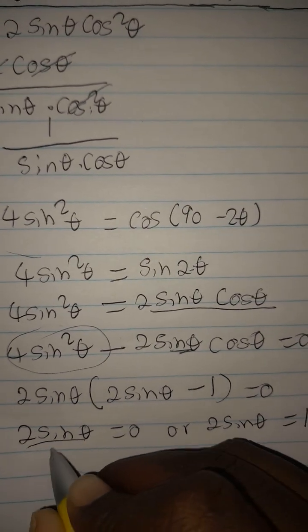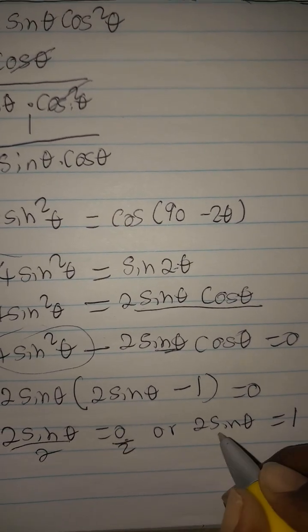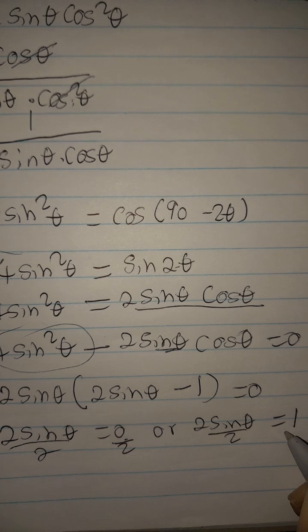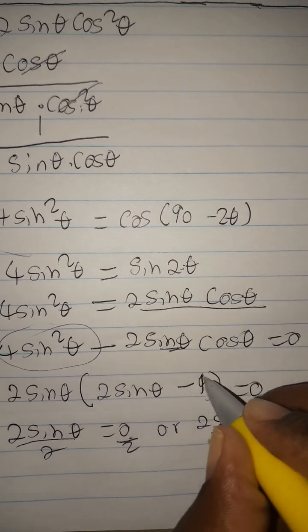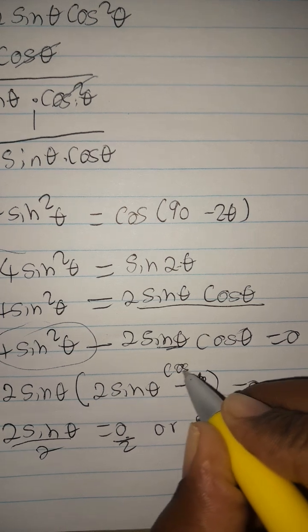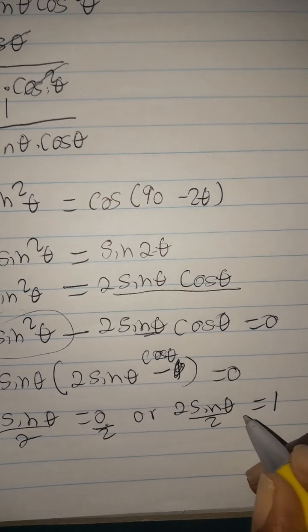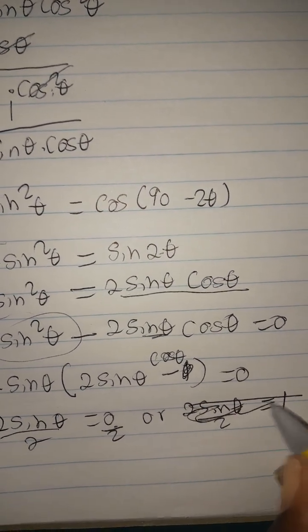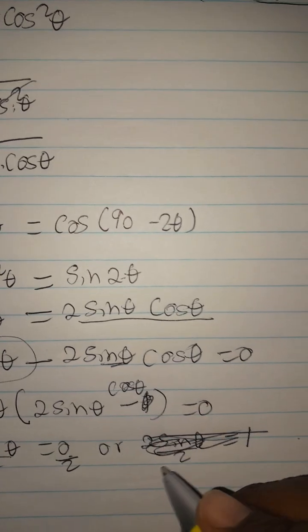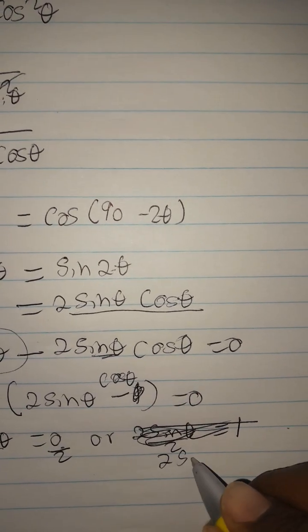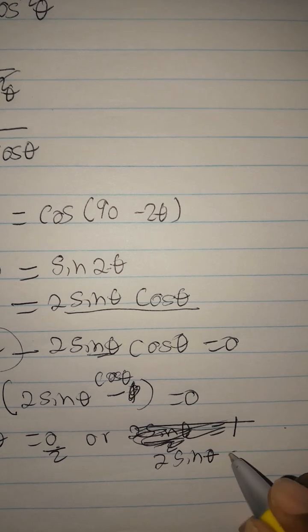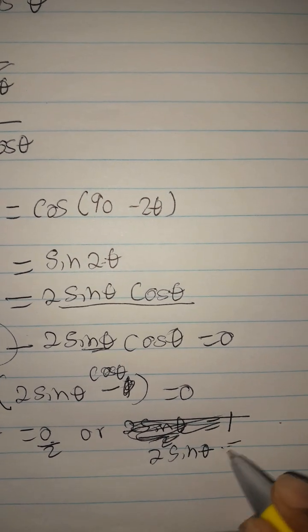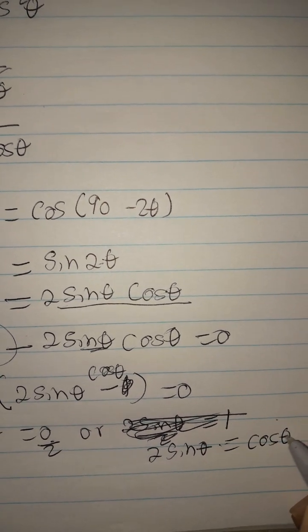Then from there I can divide everything by 2. Oh, I'm making a mistake here. It was supposed to be 2 sine theta minus cos theta. So meaning that we are going to have 2 sine theta, sorry for that, and if we take cos to the other side, it becomes cos theta, right?